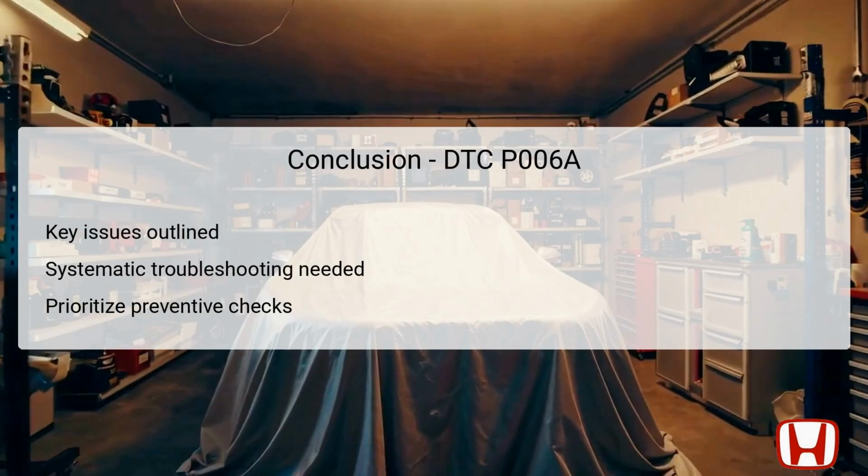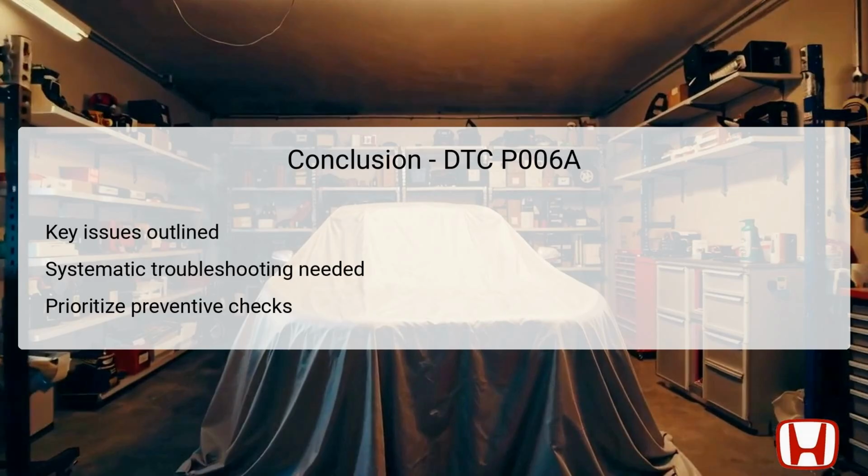In conclusion, troubleshooting DTC P006A involves a series of systematic steps, ensuring all potential issues are appropriately identified and addressed. Understanding the components involved and the role of the MAF sensor is critical for accurate diagnostics. Inspecting various parts and performing sensor checks are essential in diagnosing the problem accurately and efficiently.